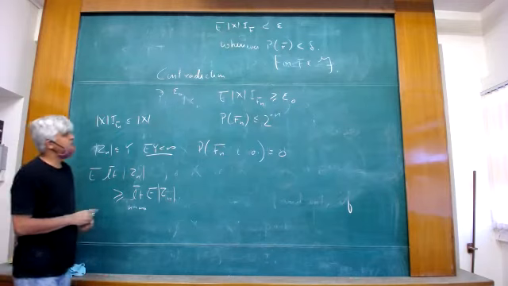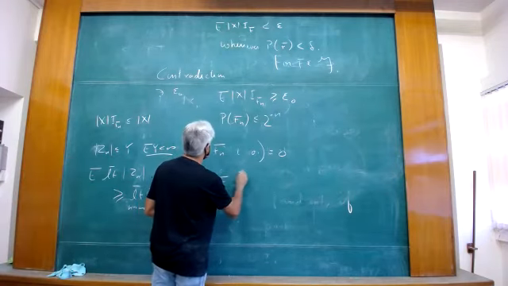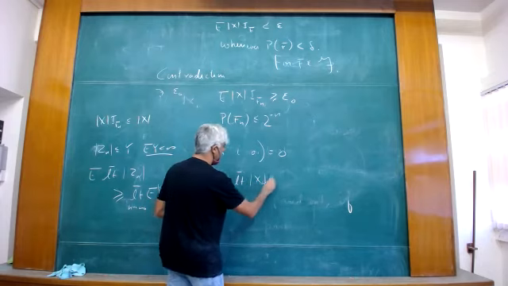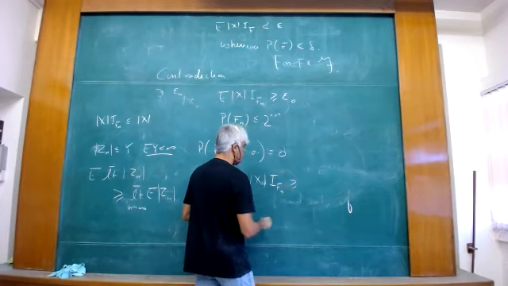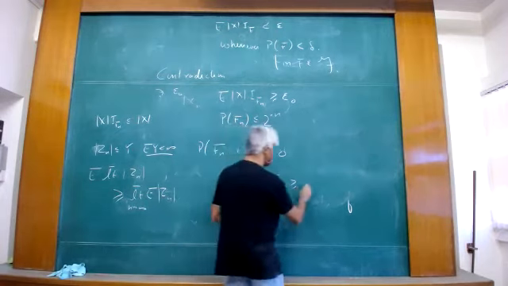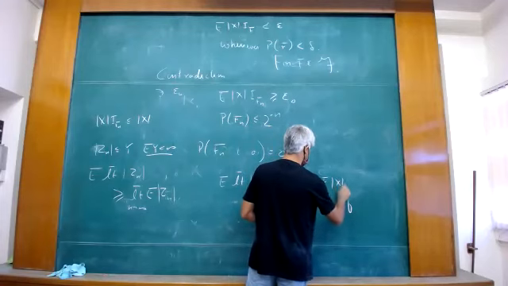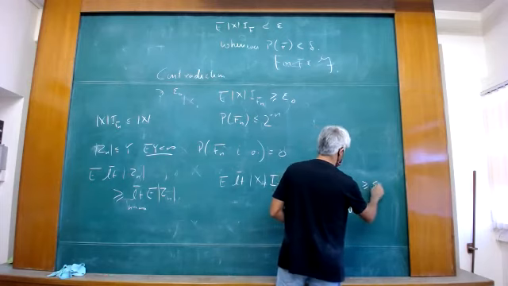Okay. So then I get that E of lim sup of X indicator of Fn is greater than or equal to lim sup of E of X indicator of Fn, which is greater than or equal to epsilon 0.